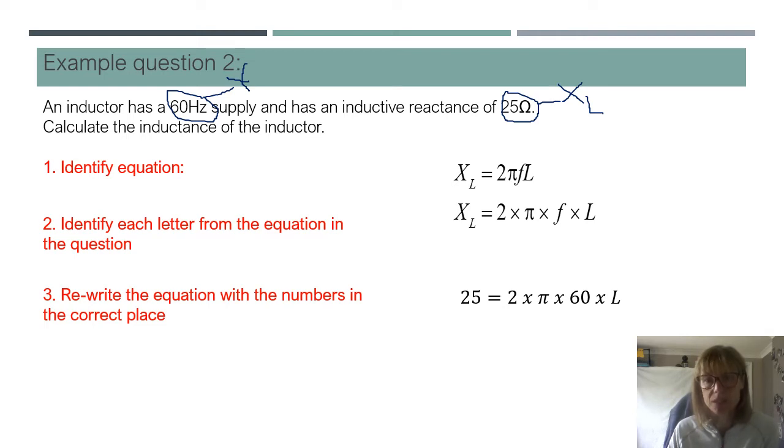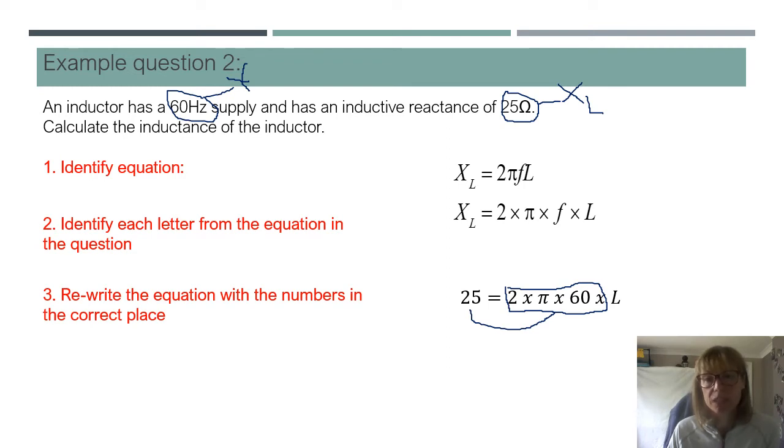Now, at the moment, L is being multiplied by this block of numbers here. So these are all joined by multiplications. And to get L by itself, we need to get this lot onto this side of the equal sign. So we're going to do the opposite.